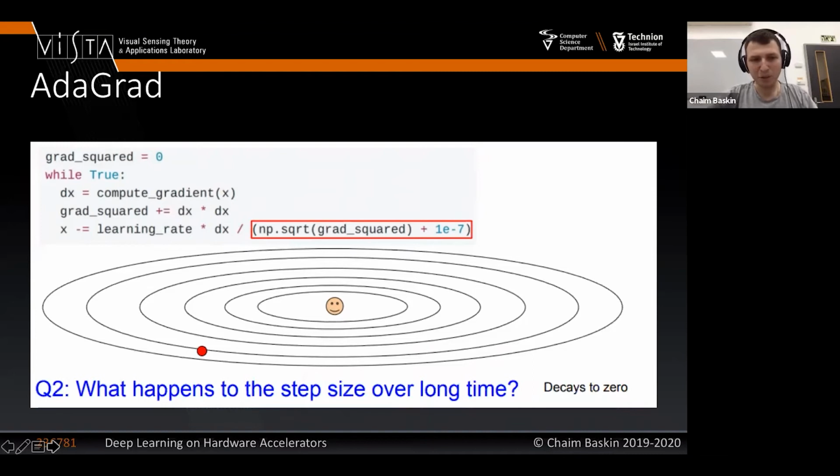Question number 2: what happens to the step size over a long time? As you can see, the answer is here. It decays to 0, okay? Questions?